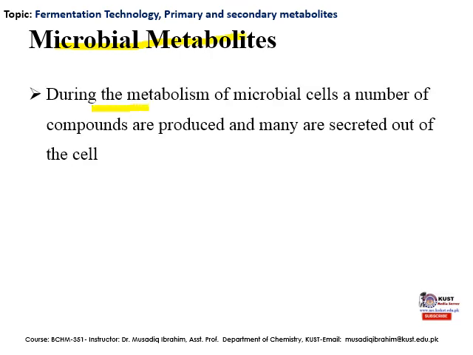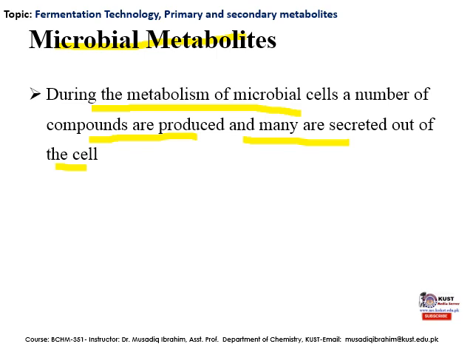So, during the metabolism of microbial cells, a number of metabolites or compounds are produced and many are secreted out of the cell. As we have discussed earlier, by the process of fermentation, penicillin is being produced by Penicillium crassugenium, which is basically a fungus. So the penicillin is a secondary metabolite and it is secreted out of the fungi cell.